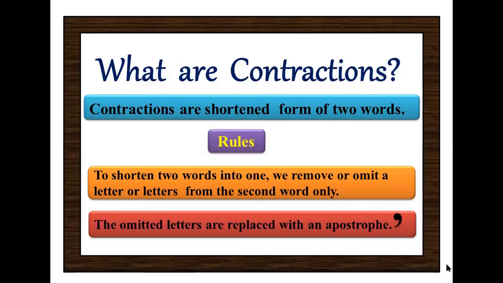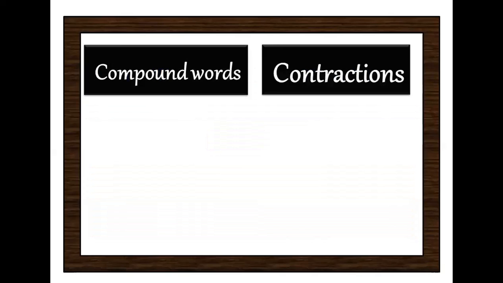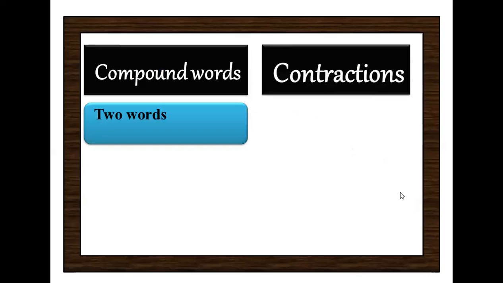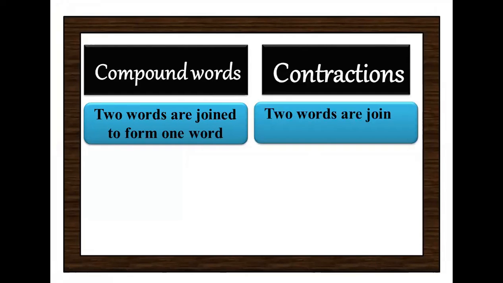Since you have learned about compound words, let's find out the difference between compound words and contractions. In compound words, two words are joined together to form one word. For example, rainbow. And in contractions again, two words are joined to form one word.